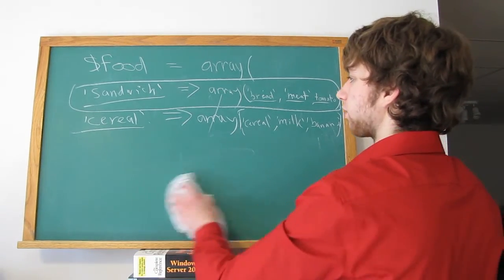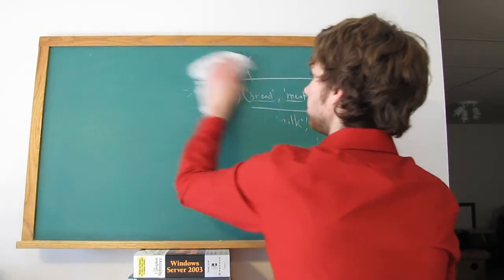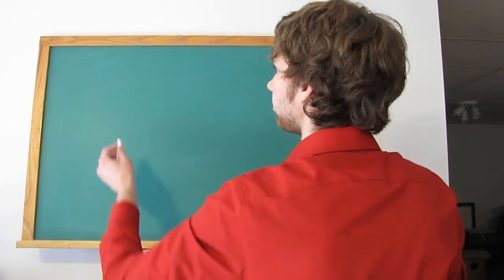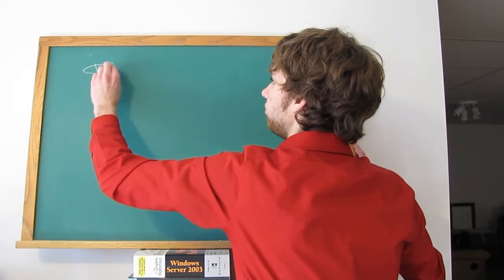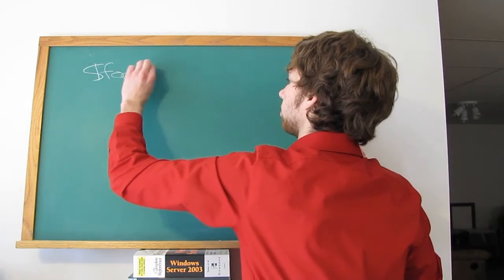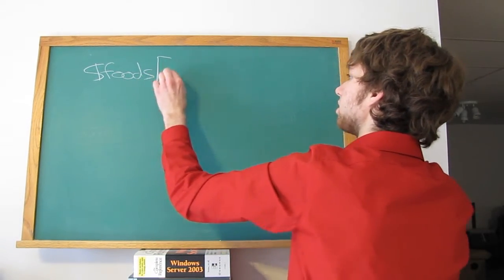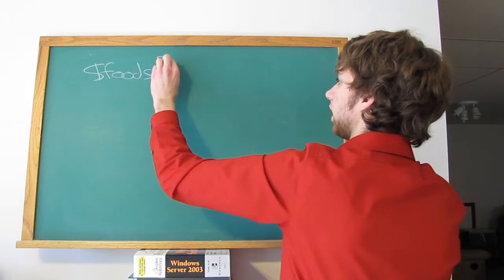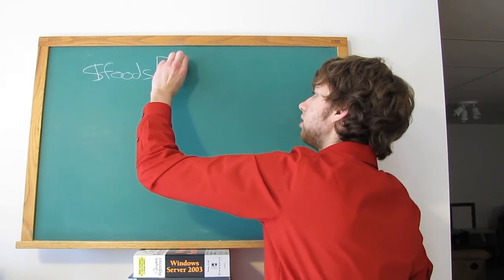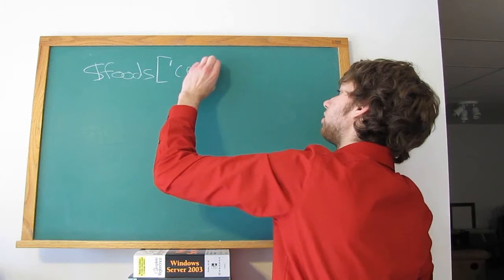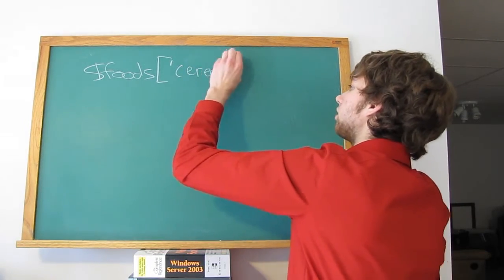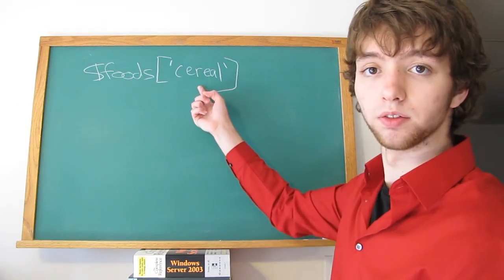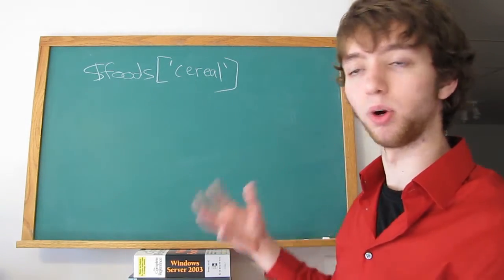Now, as for accessing these values, we can do it like this. We would have, I believe it was called food, I don't remember. And then within these square brackets, this is where we would put our string. So we would write cereal. This is the key value, which points to something. It points to an array.